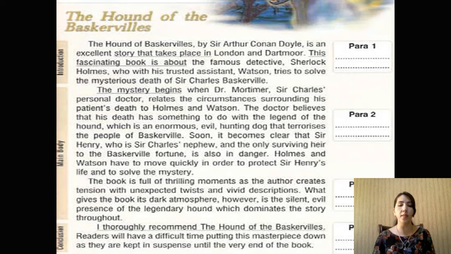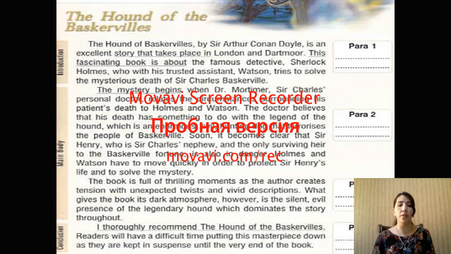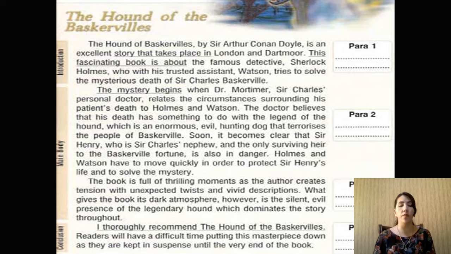The mystery begins when Dr. Mortimer, Sir Charles' personal doctor, relates the circumstances surrounding his patient's death to Holmes and Watson. The doctor believes that his death has something to do with the legend of the Hound, which is an enormous, evil, hunting dog that terrorizes the people of Baskerville.